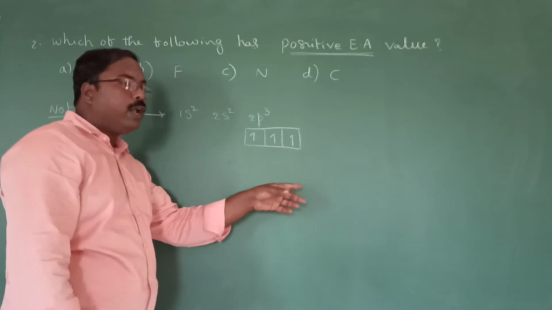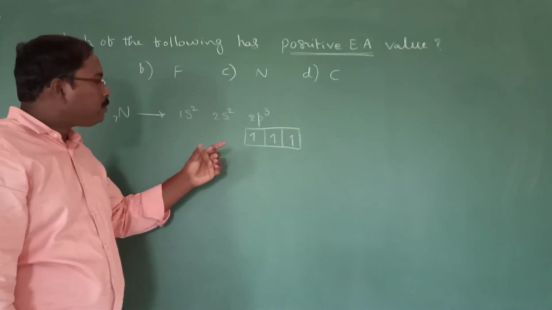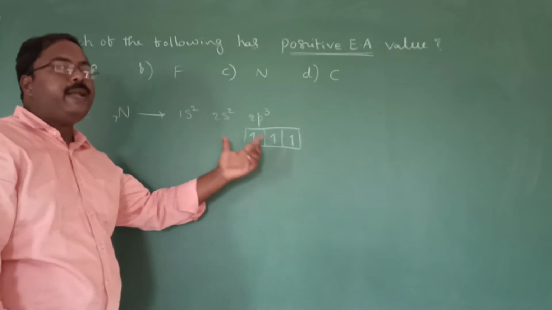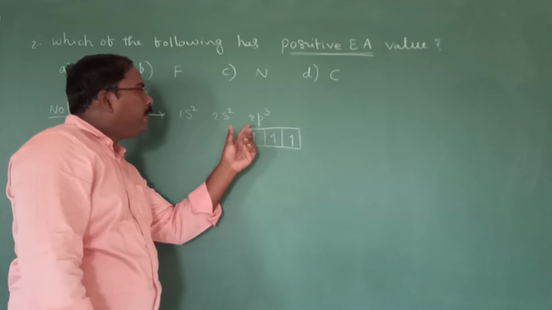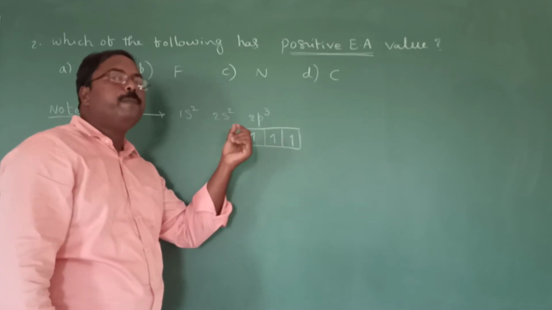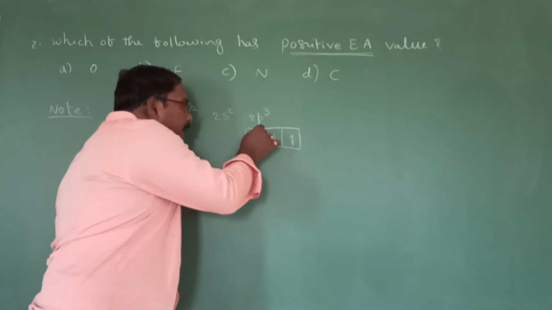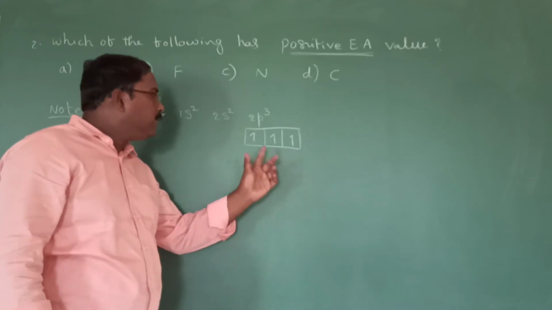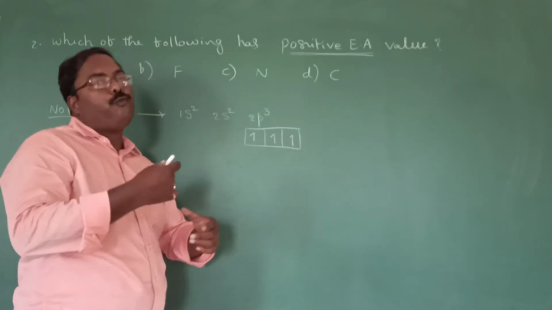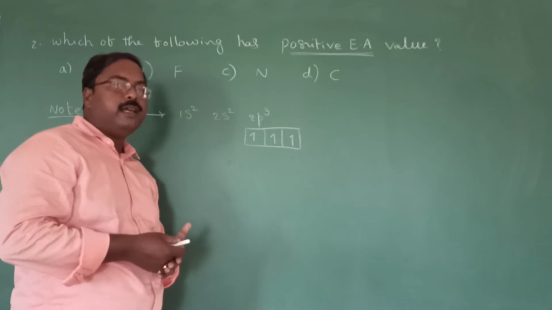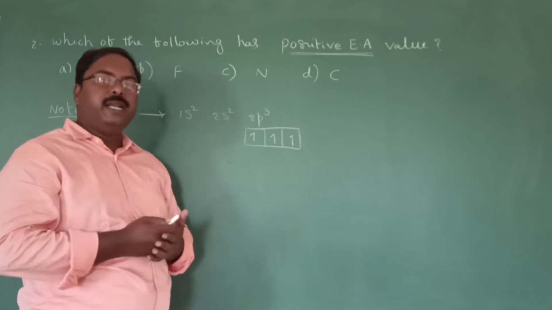When we add one more electron, it loses the symmetry in its electronic configuration. It will become 2p4, so one more electron is added and it loses its half-filled configuration, meaning it loses its stability.